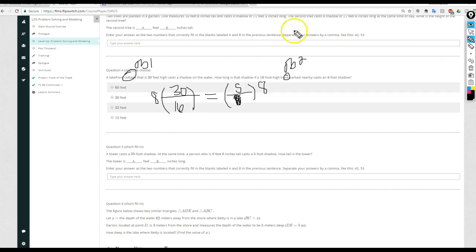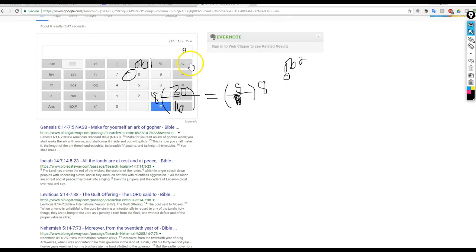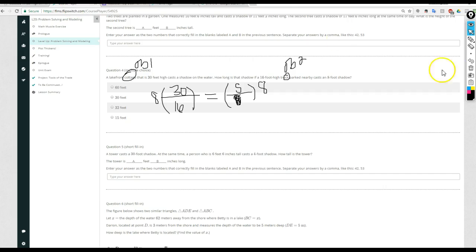So I have 8 times 30 divided by 16. Since all of those are numbers, there's not a variable in it, I can do 8 times parentheses 30 divided by 16 close parentheses, which gives me 15. So 15 feet is going to equal S divided by 8 times 8, which is 8S divided by 8. 8 divided by 8 is a form of 1.